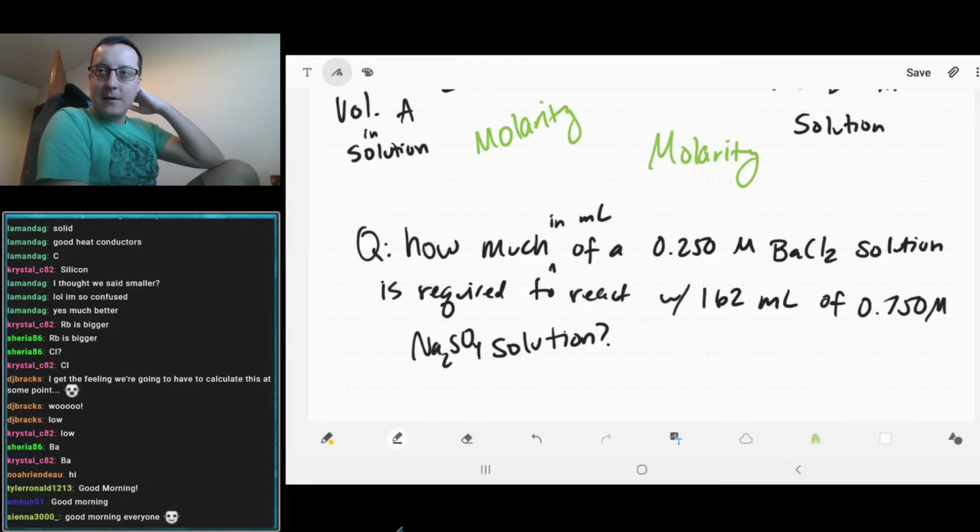So, lots of things to look at in this problem. We have a lot of numbers. We have a lot of words. I think a good idea might be to pick out the quantities that are in this problem and then the substances as well.